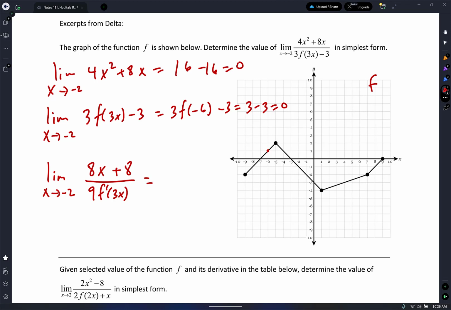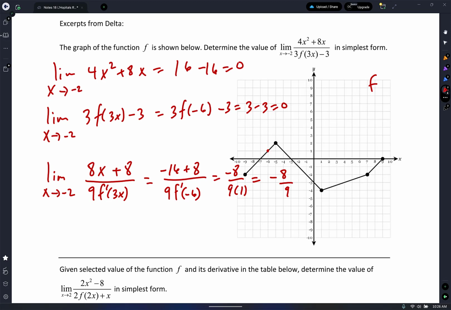I'm assuming I'm not going to get another 0 over 0, but yeah, you won't. So 8 times negative 2 is negative 16. And negative 16 plus 8 is negative 8. And then the bottom, 9 times f prime of negative 6. So I need my slope of this line right here. It's 1. So 9 times 1. So my limit is negative 8 over 9.